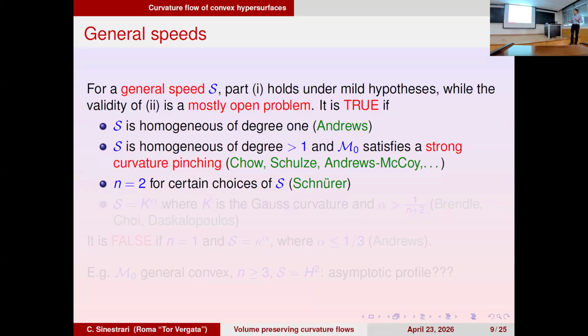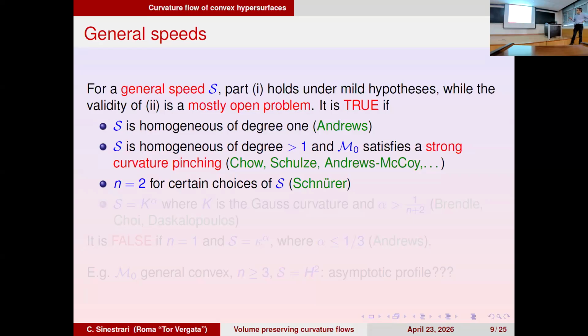But what is mostly unknown is whether the asymptotic profile is round, because you could also shrink to a point with a profile which is becoming less and less round. You could have something, an ellipsoid, which is shrinking with the ratio between the radii larger and larger. So shrinking to a point is a very weak property. Knowing that the profile becomes round is much stronger.